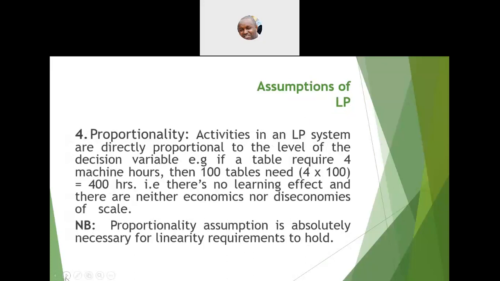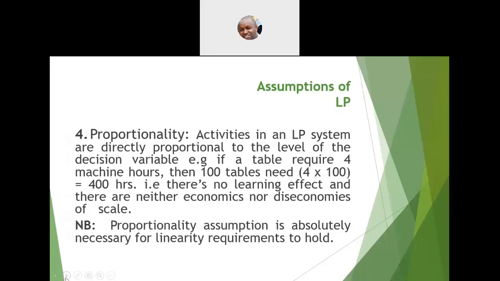The other assumption is that there should be proportionality. If you spend 10 minutes and you earn 2 marks, then it means if you spend 20 minutes, you should have twice the marks. In other words, there are neither economies nor diseconomies of scale.